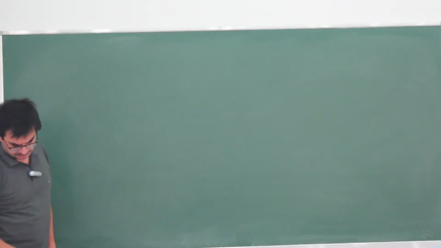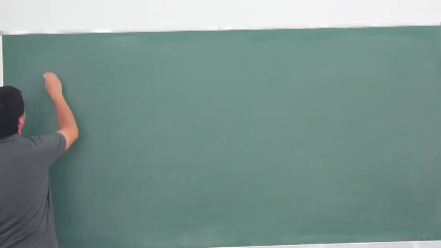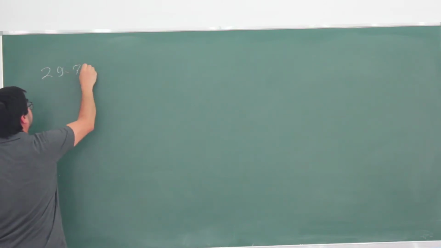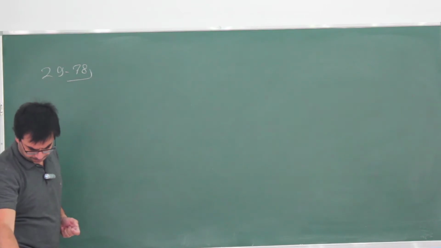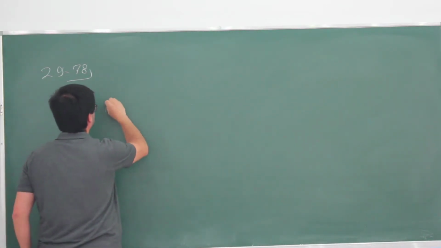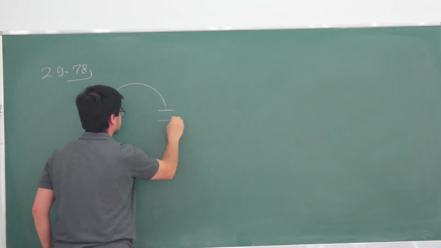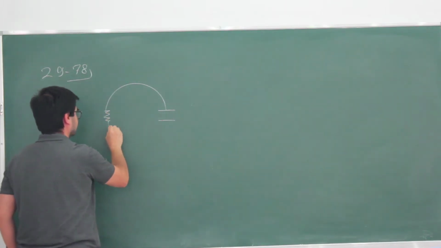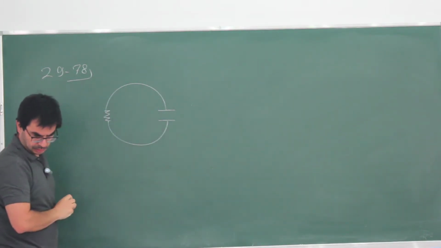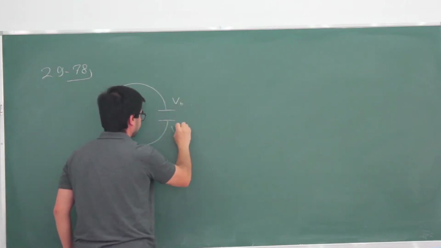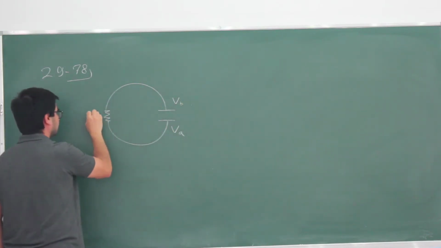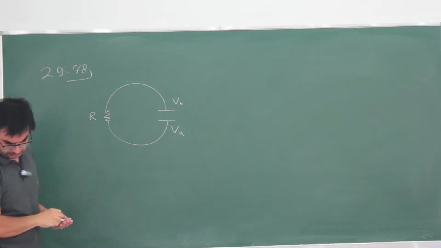So this is problem 78 from chapter 29. Now here we have some ring that has a capacitor on it and a resistor, and it forms sort of a circle. These are labeled VB and VA, and we have a resistance of R over here.